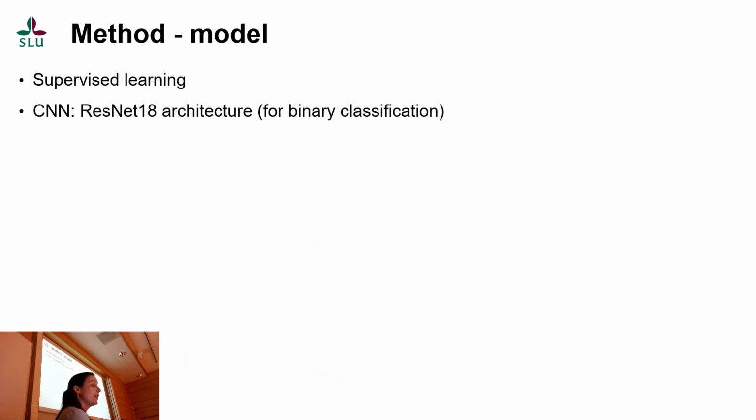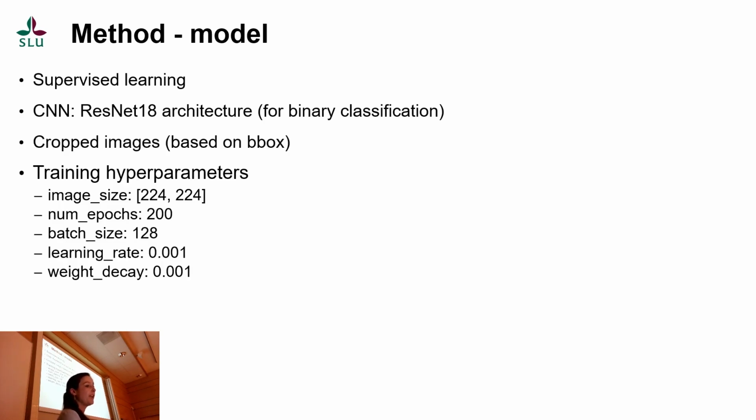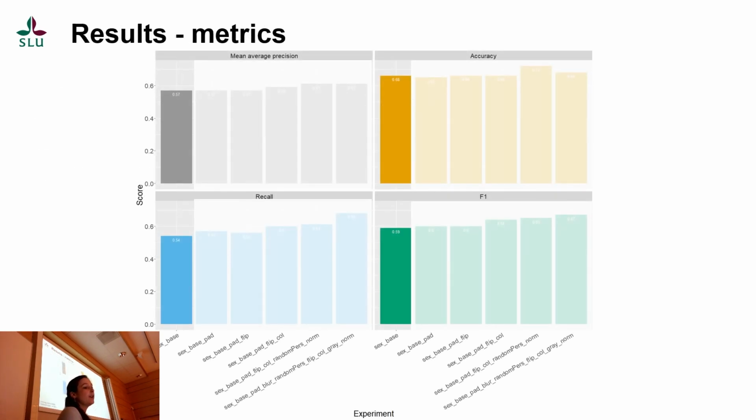We use supervised learning and the ResNet 18 architecture for binary classification. So we crop the images based on the bounding boxes, and we use as training hyperparameters what you see here, and I kept them constant across the experiments that I show today. So to start with some results of the base model.